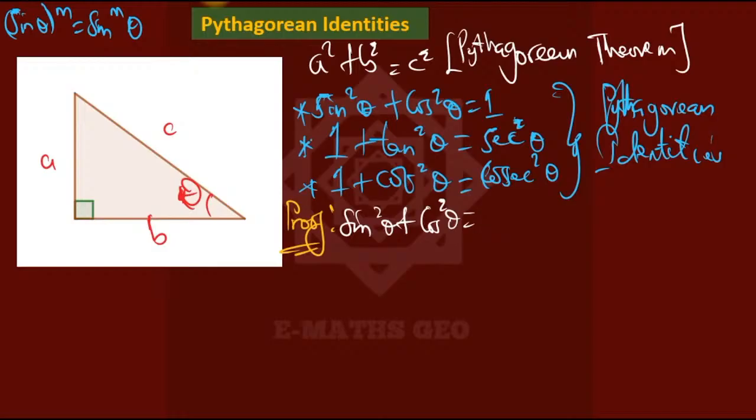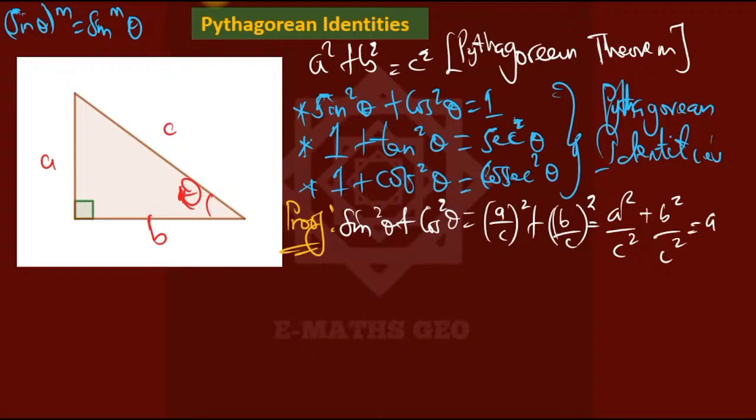Sine is opposite over hypotenuse, which is A over C, all squared, plus B over C, all squared. So this is now A squared over C squared, and this is B squared over C squared.